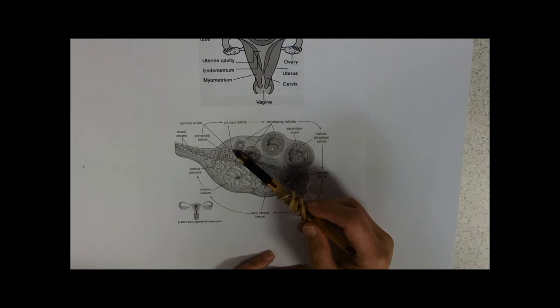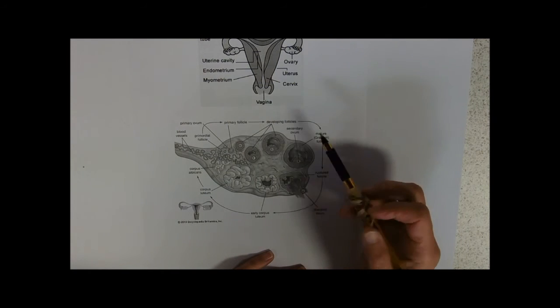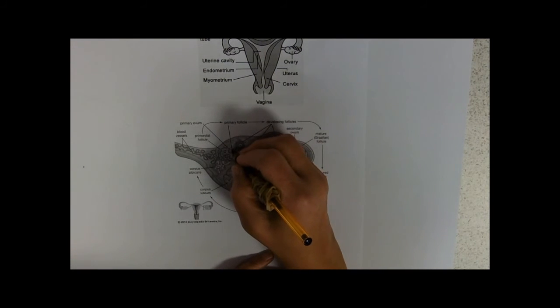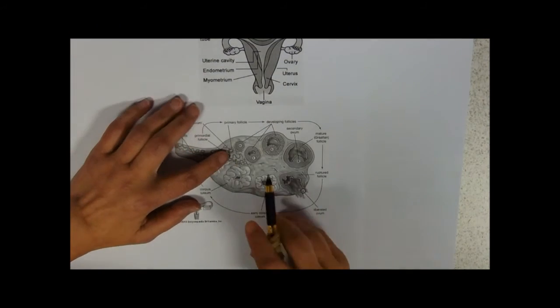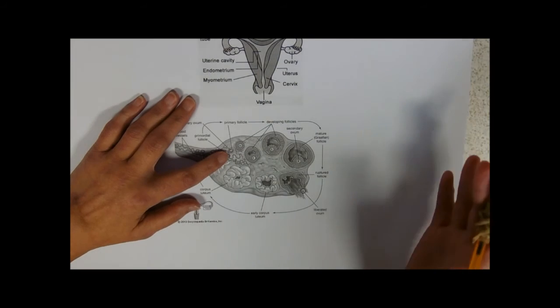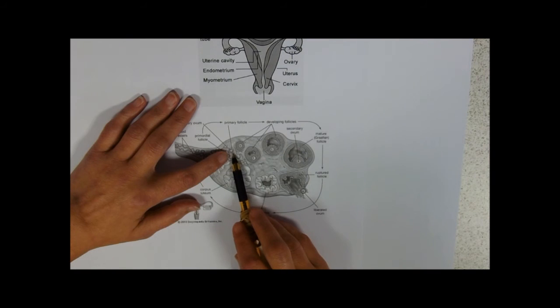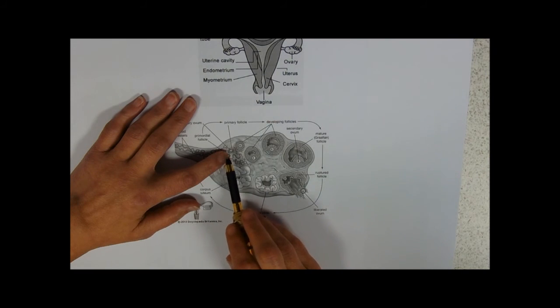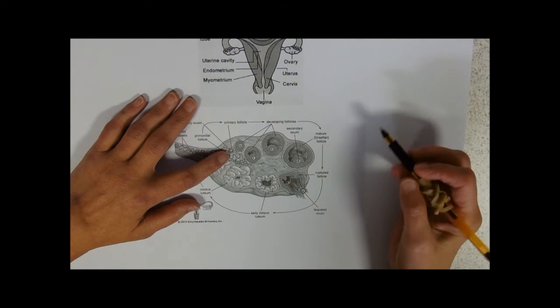At puberty, under the influence of FSH, one of those primary follicles will get bigger and bigger and bigger. Now in the middle of the primary follicle, we've got that primary oocyte. Over the first part of the menstrual cycle, until about day 14 if you've got a 28-day cycle, it's going to be doing the rest of that meiotic division and giving out its first polar body.